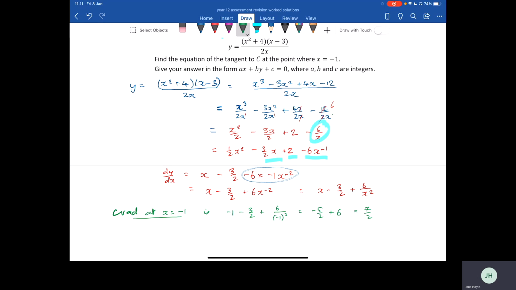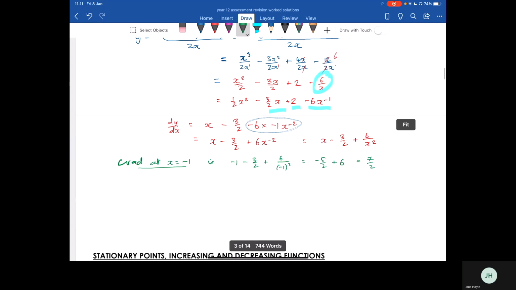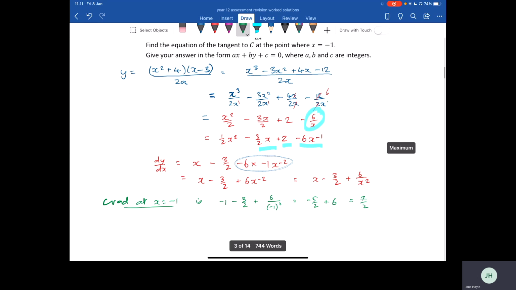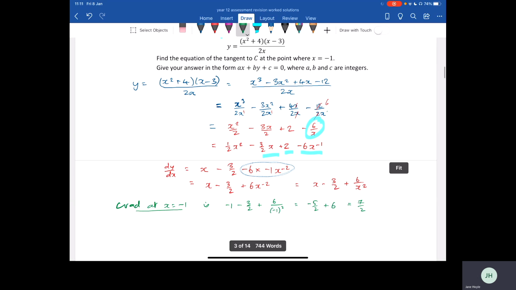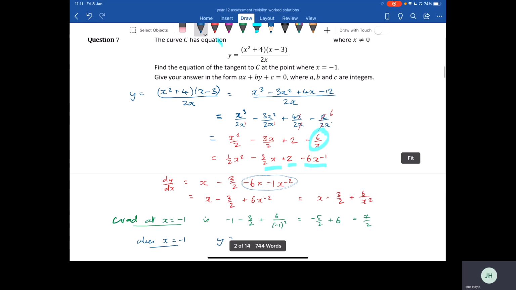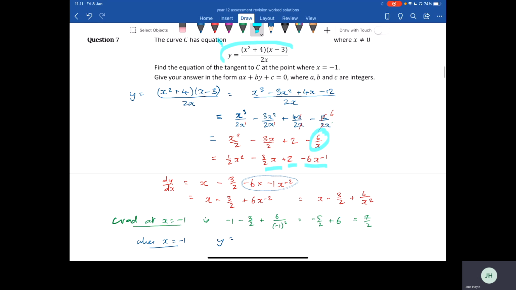We then need to find the y value. So I know that the x value is -1. So we also know that when x is -1, y is, so we need to go back to this fraction here.